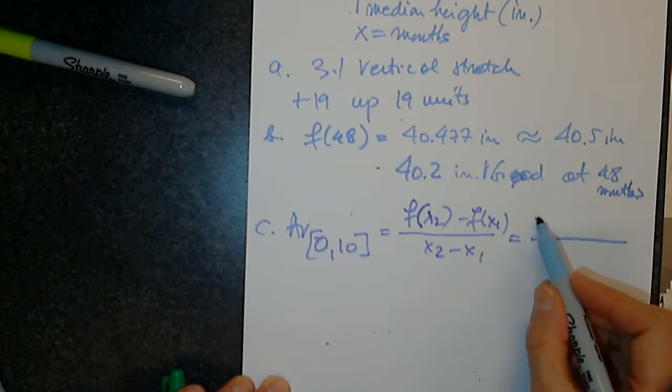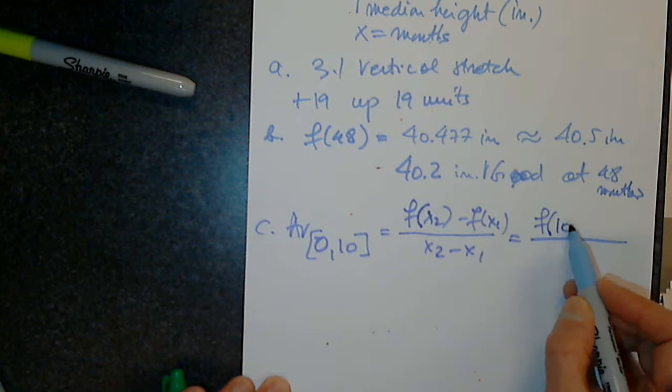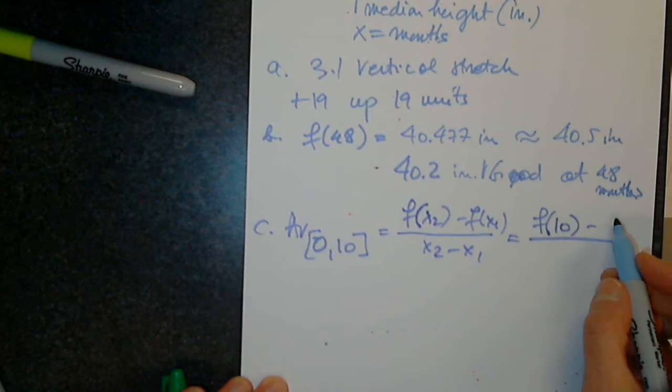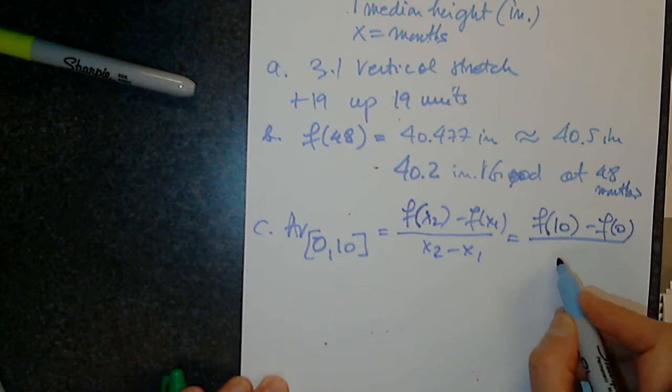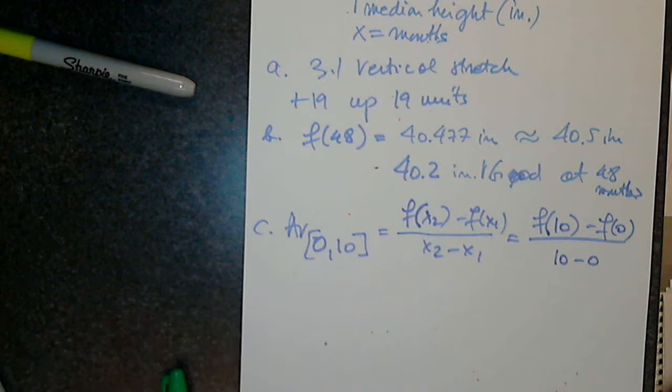Perfect. So now we'll write f of 10 minus f of 0 over 10 minus 0. Very good. So let's plug them in.